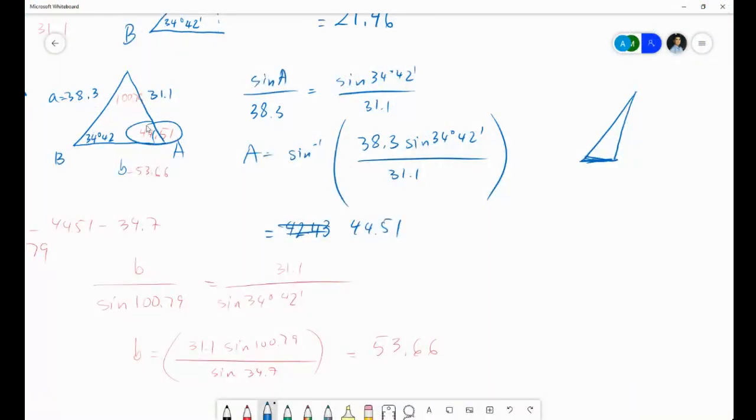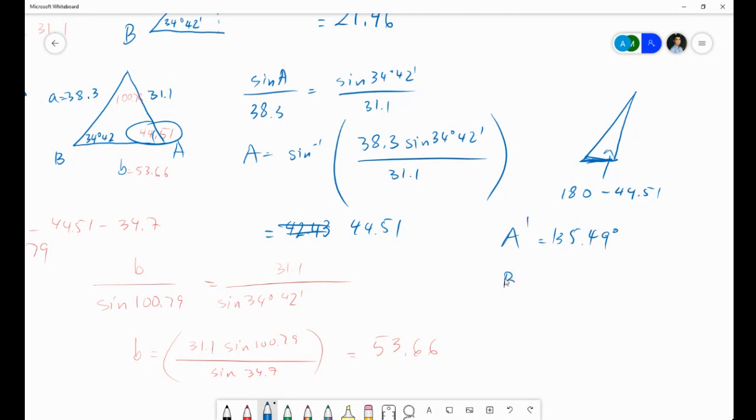All right, so since this one is 44.51, I'm going to subtract 180 from that. So I'm going to get 135.49. Okay. So that's going to be A prime.